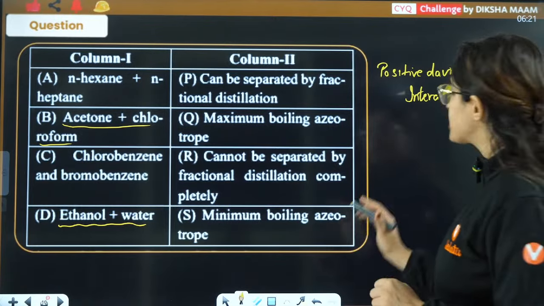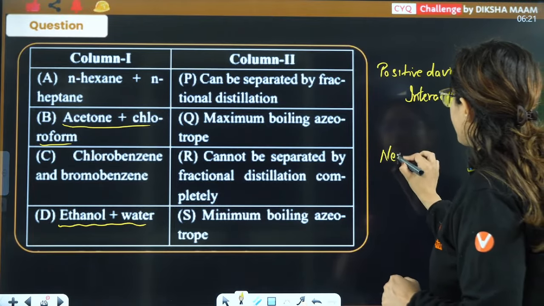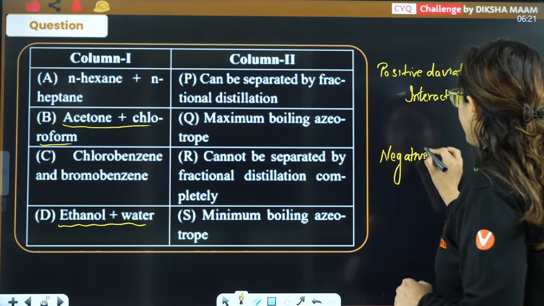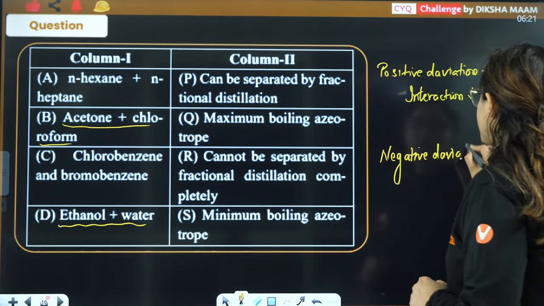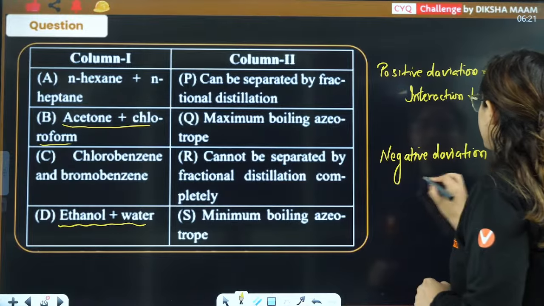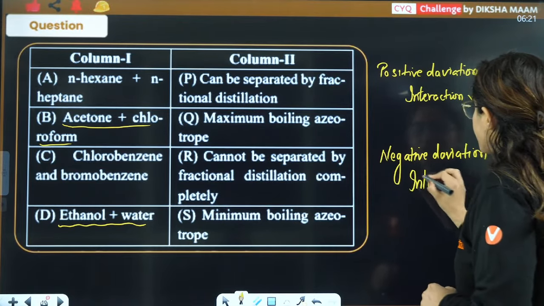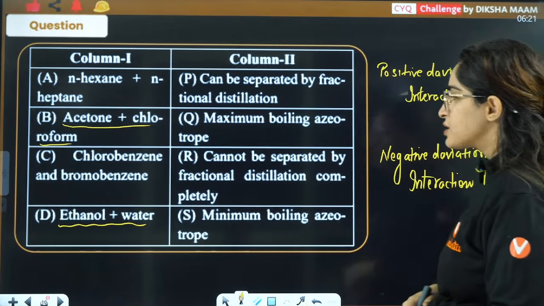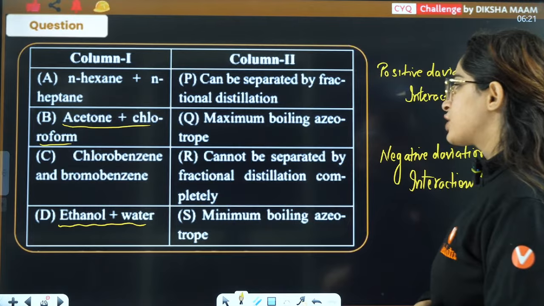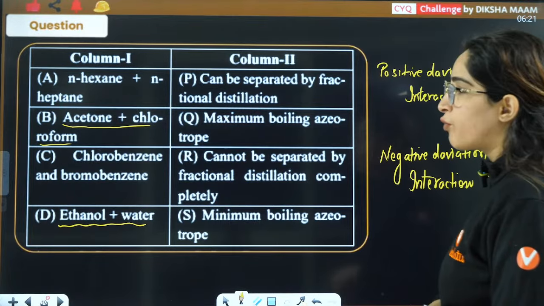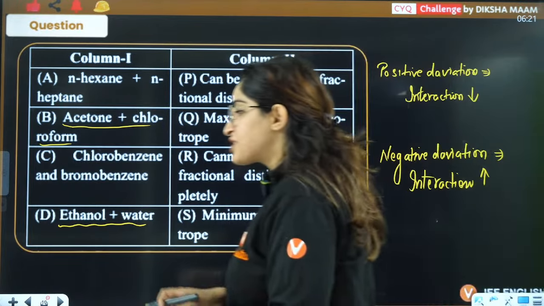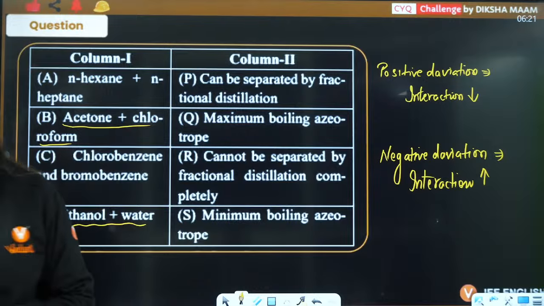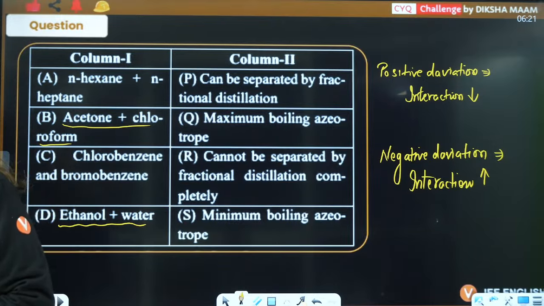Only then it is positive deviation. And in negative deviation, interactions should increase. So can you see acetone and chloroform and ethanol and water, where interaction is decreasing and where interaction is increasing, right?